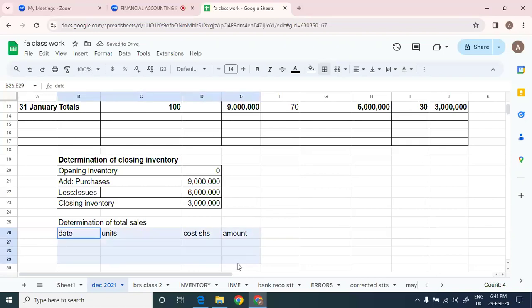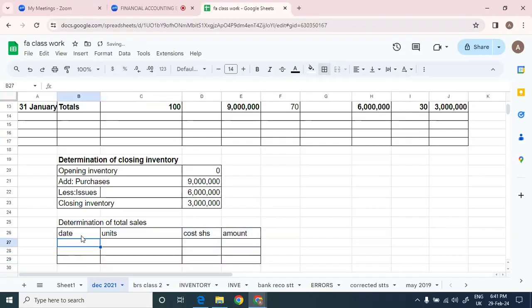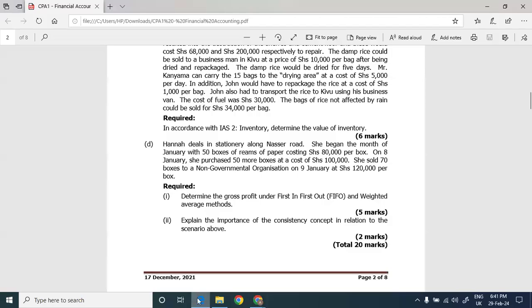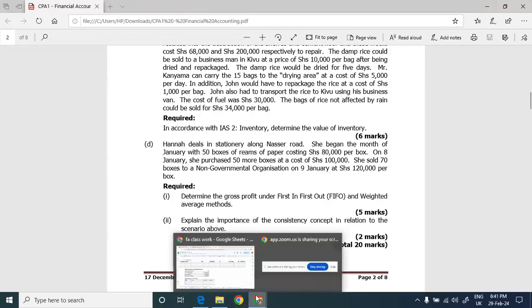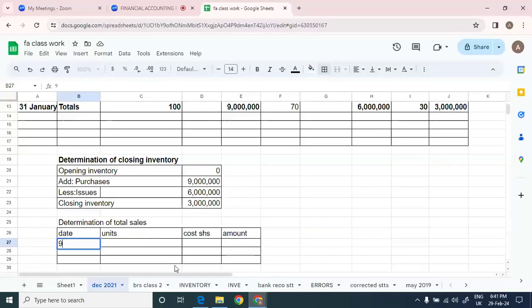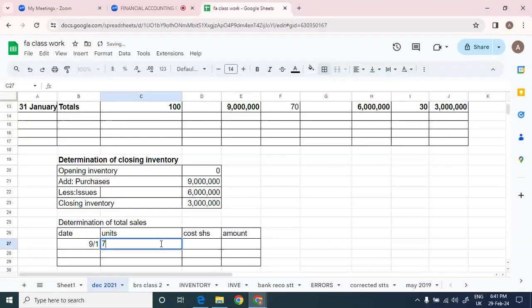Since it is one item, I think it was even what we sold at once. And we sold when? We sold on 9th of January. So we write 9th of January. How much are we selling? 70. At how much? 120,000. So from here, we get this times this. We get 8.4.